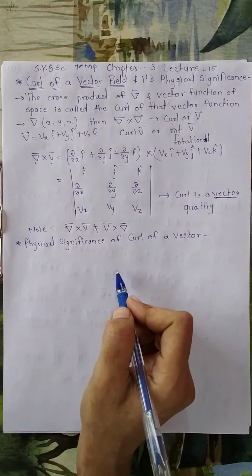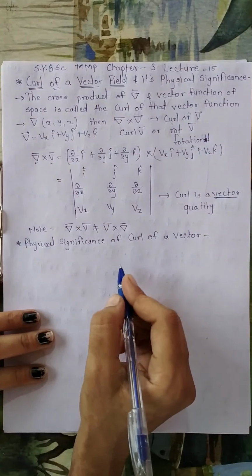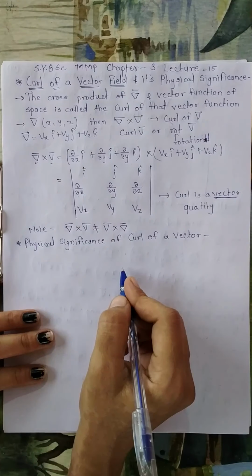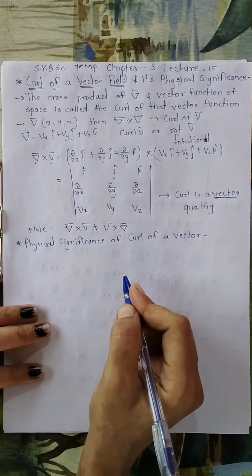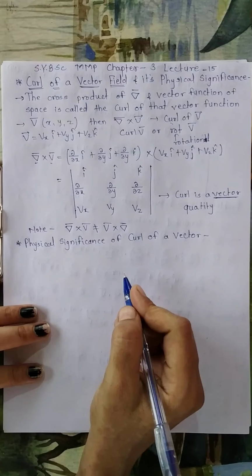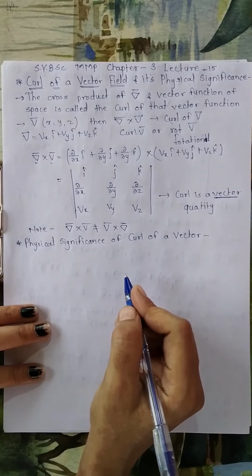But there are some types of vectors which cannot be expressed as a gradient of a scalar field. In such a field, the line integral around a closed path will not be equal to 0.